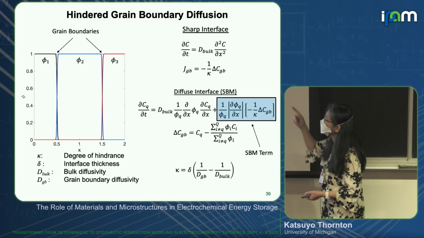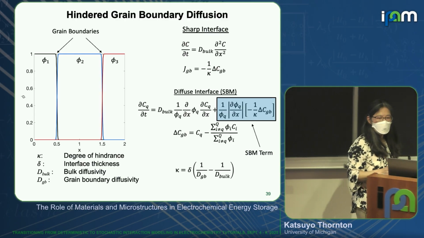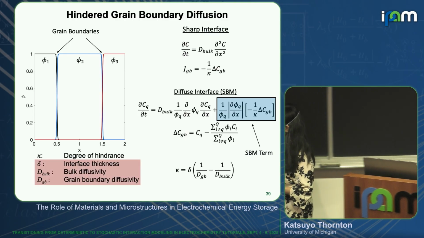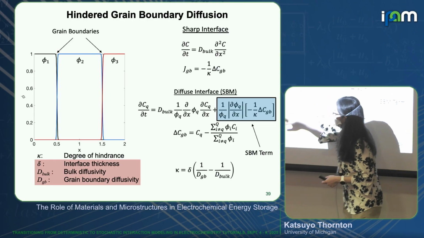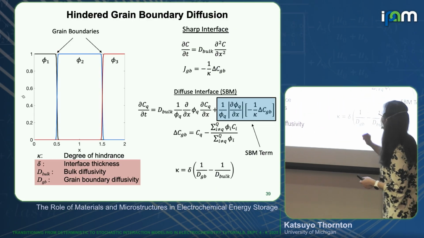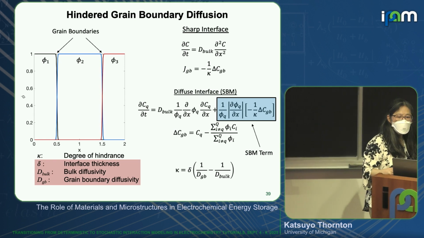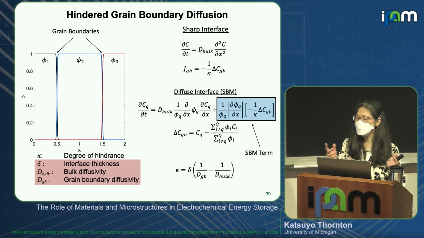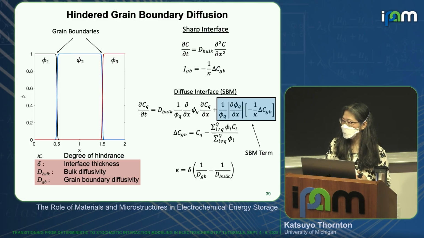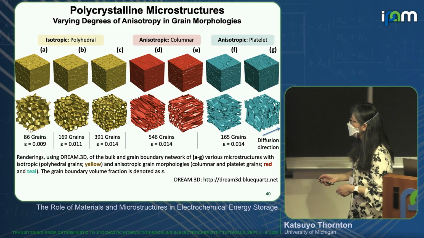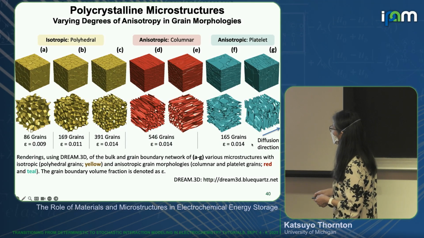And we were able to show that when properly parameterizing these quantities, that go into this kappa, the degree of hindrance that goes into the equation, it actually matches the sharp interface results. And the test microstructures are created by DREAM.3D.